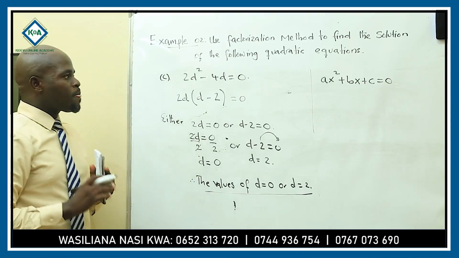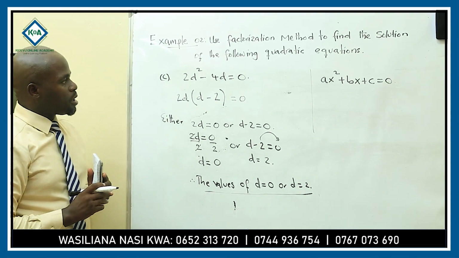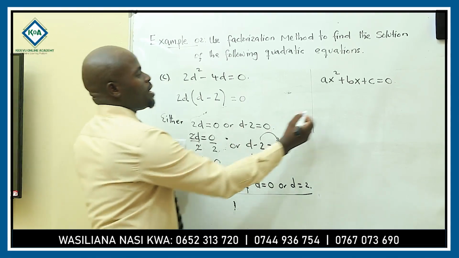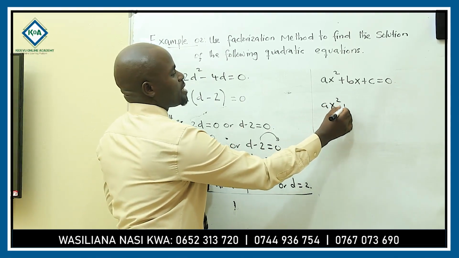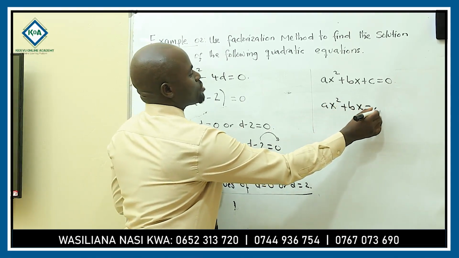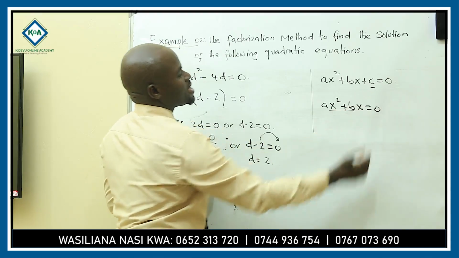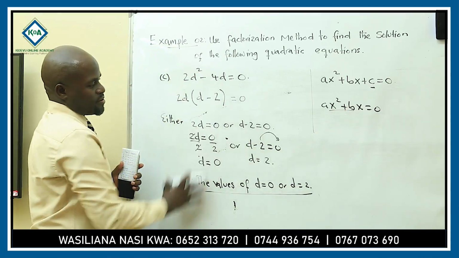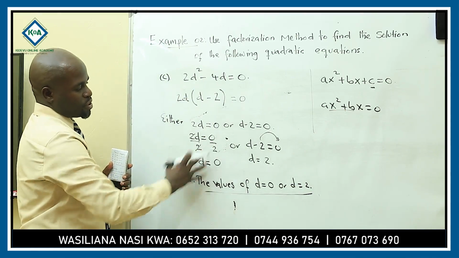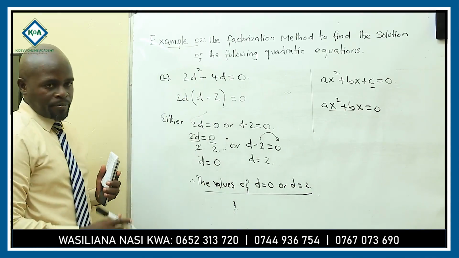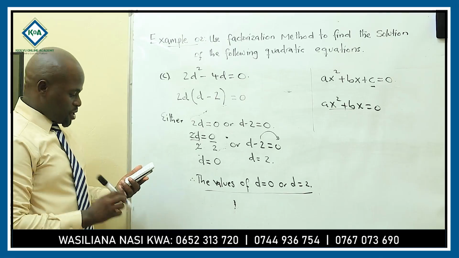Very simple. So all quadratic equations which are in the form of ax squared plus bx is equal to 0, it means they are missing c. We have to factorize like this, and then we find the solution as we did here. So this is example number 2c.